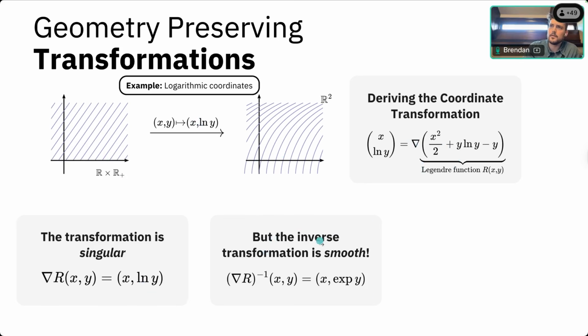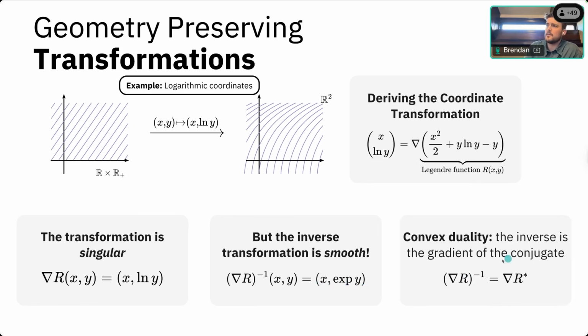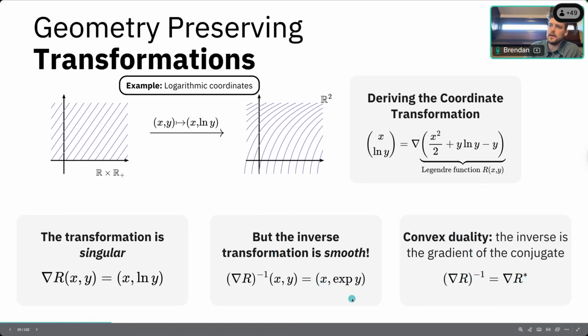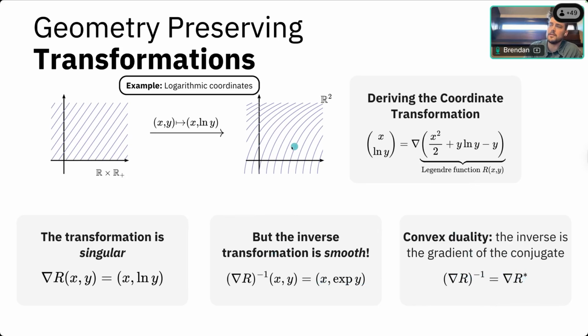For instance, this one's inverse looks like x times the exponential of y. This is infinitely differentiable, a beautiful transformation moving back. And by convex duality, the inverse of the gradient is the gradient of the conjugate function. Because the inverse is always smooth, it actually directs us in deriving discretizations. It means we should discretize here, where we know how to do it well.